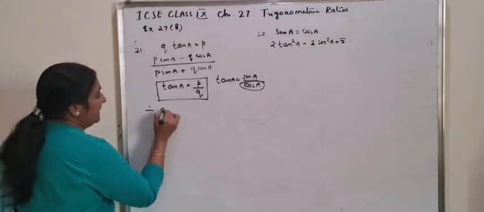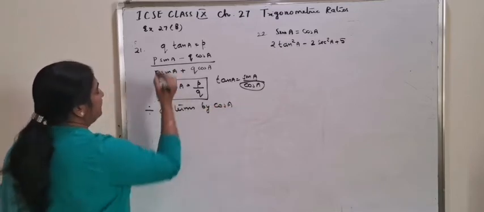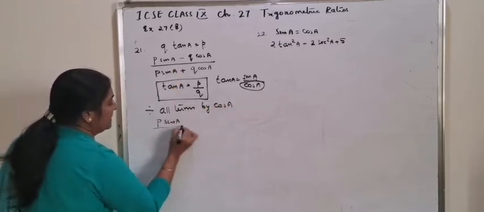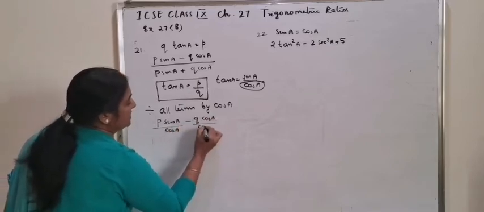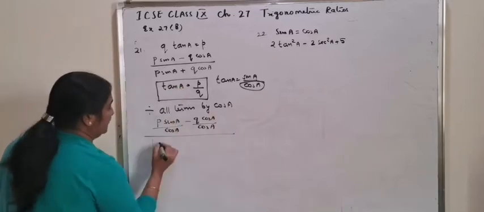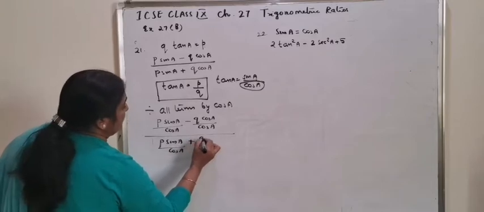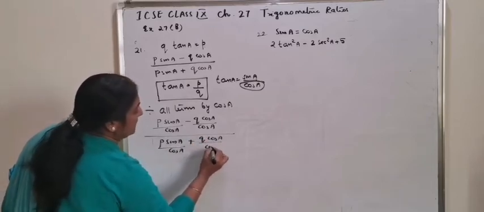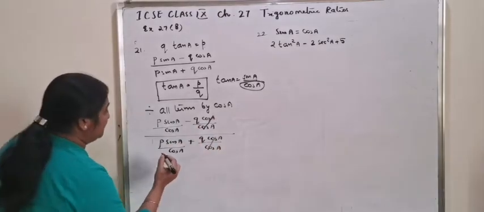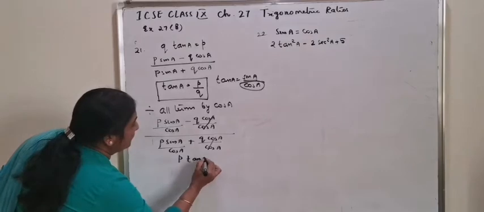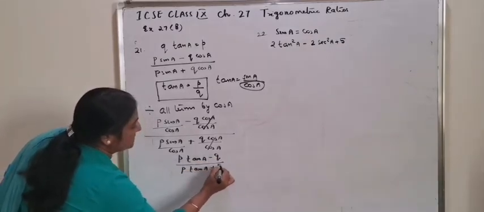That means dividing all terms by cos A, P sin A by cos A minus Q cos A by cos A divided by P sin A by cos A plus Q cos A by cos A, which shows that this cos A gets cancelled and it will be left with P tan A minus Q by P tan A plus Q.